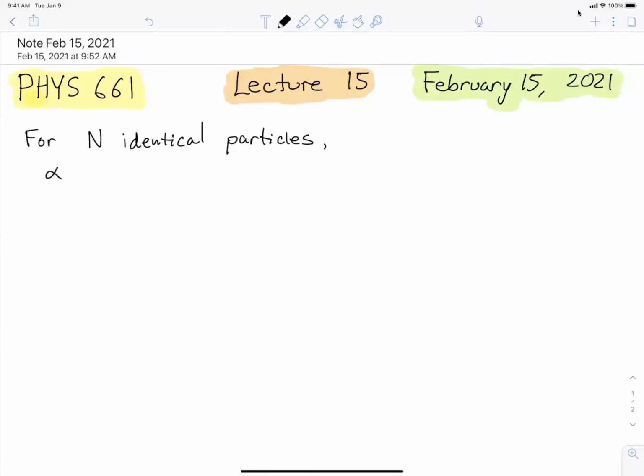So if I have alpha sub I, that's supposed to represent a complete set of commuting observable labels for the individual particles.